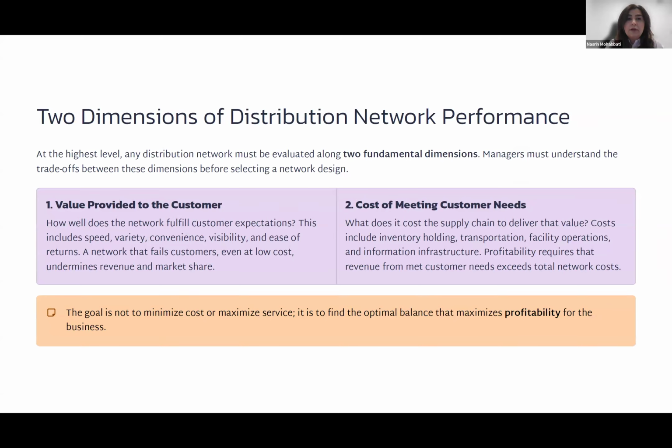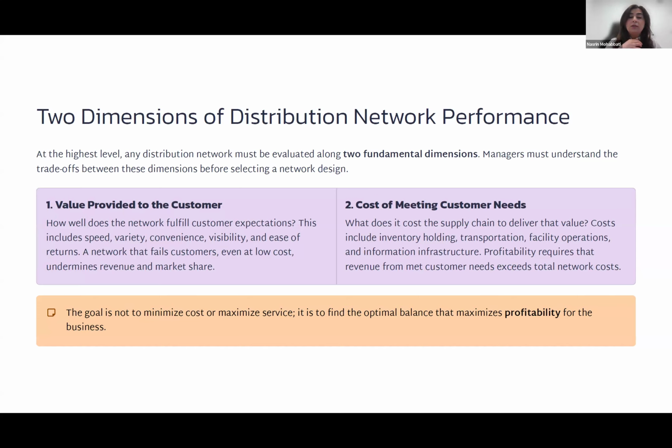When we are designing a distribution network for a supply chain, we should consider two main factors. First, what is important to our customers? Do they want low cost? Do they want fast shipment? Do they want easy return, so if they want to return something, it's easy for them to do it? So what do they want?